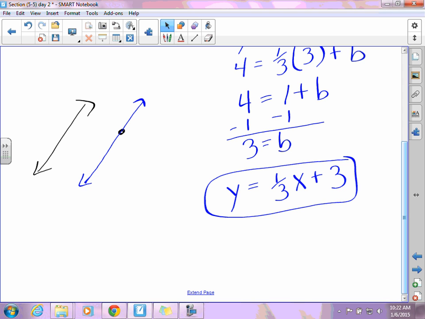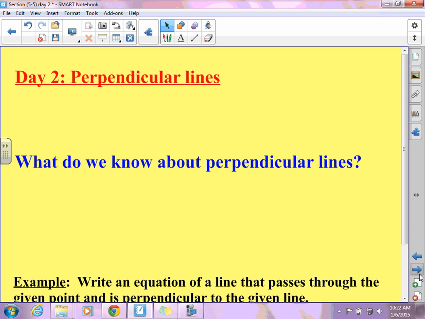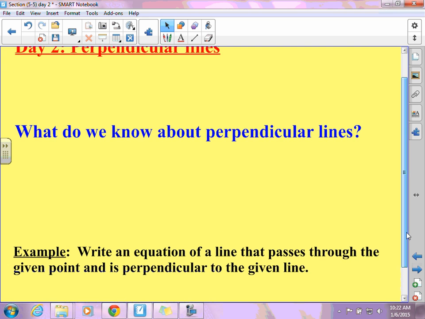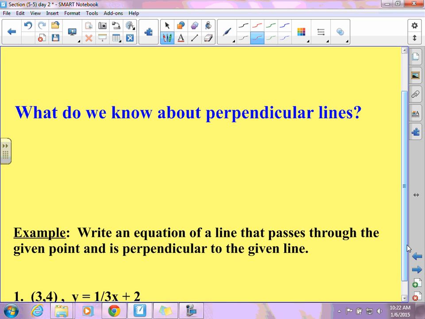So what do I know about perpendicular lines? They intersect to form what? Thank you, 90-degree angles. A lot of kids say they form an X. Kind of.